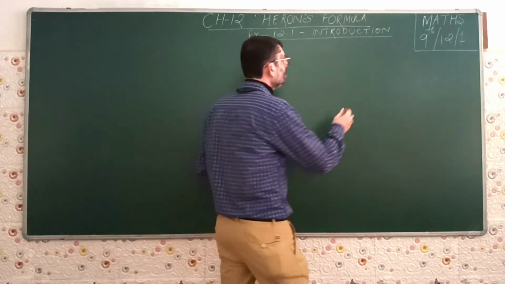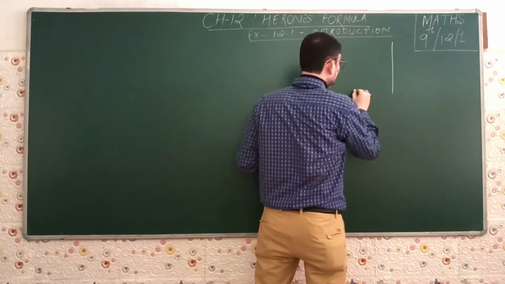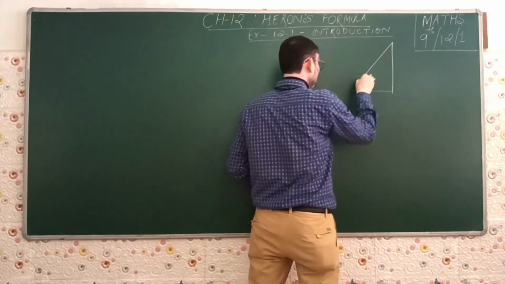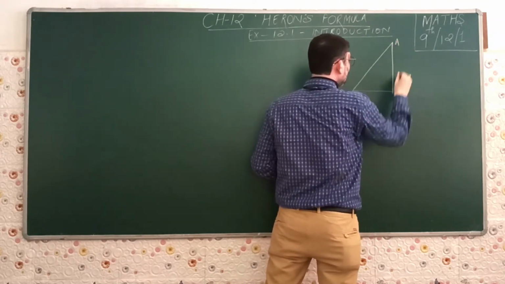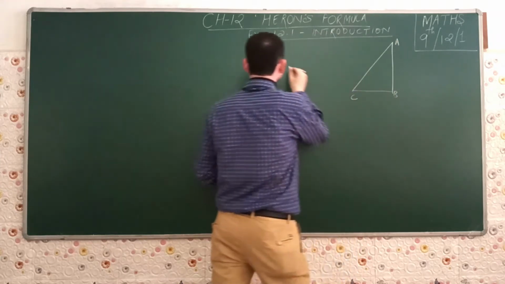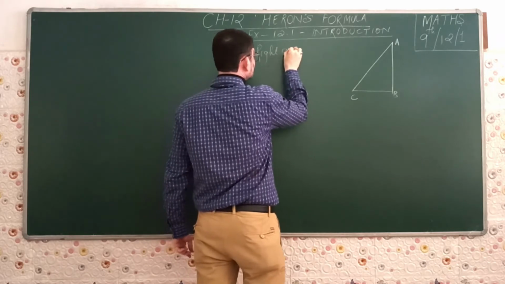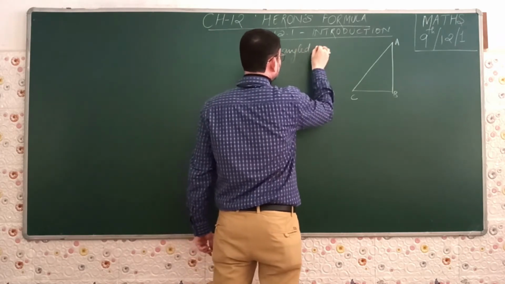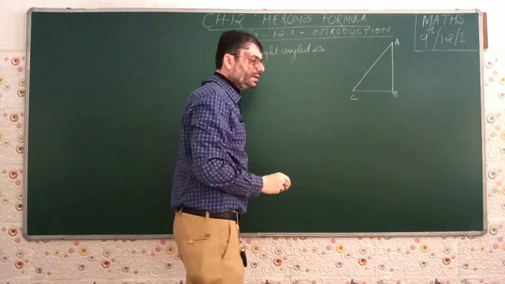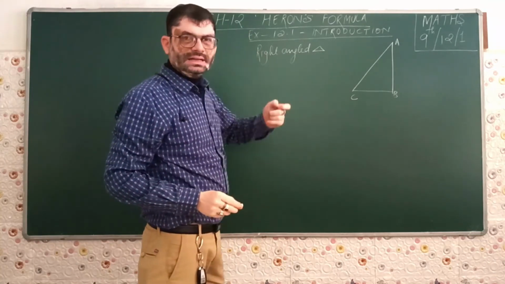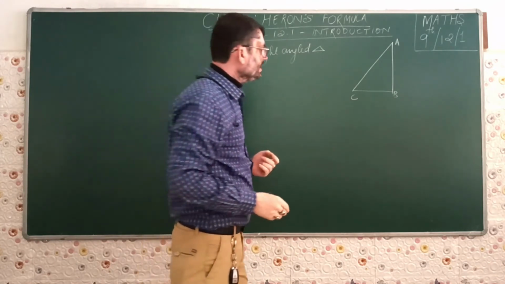How we used to find area of triangles in our previous classes for different types of triangles. The basic formula for a right angled triangle: suppose this is my right angled triangle ABC. This is a symbol for triangle. Right angle means one of the angles is 90 degrees.